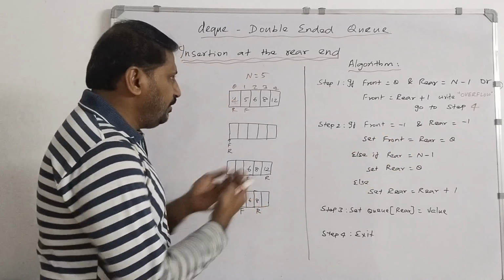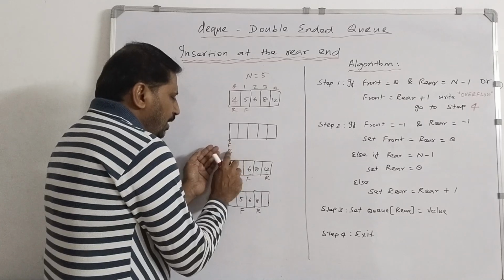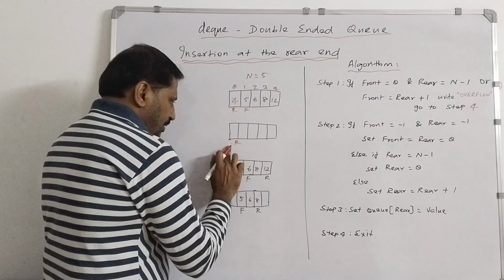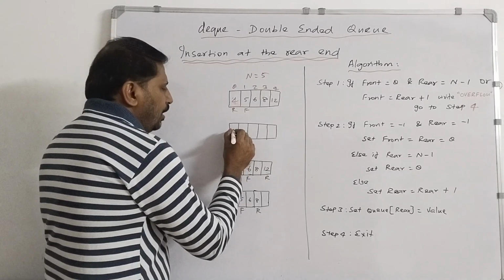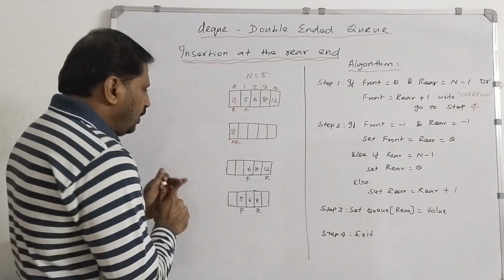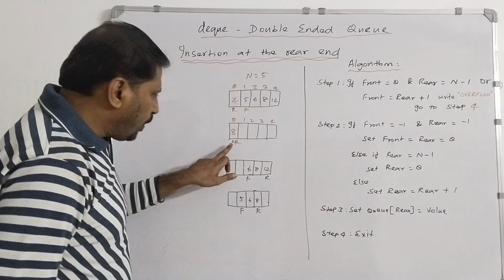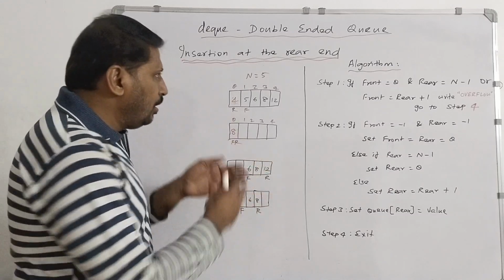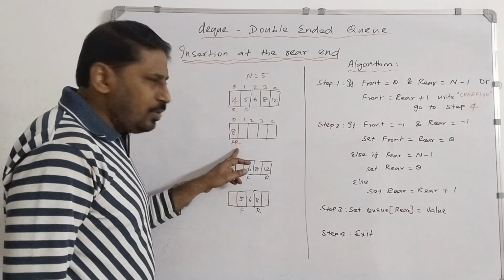Why? In the insertion, I am going to insert the element according to rear. The rear pointer comes here, and at the same time the front pointer also comes here, and I am entering the element. For example, it is 8. The position is the 0th position, 0, 1, 2, 3, 4. Both front and rear point to the same element because the queue was empty and I am just now inserting one element according to the rear pointer.